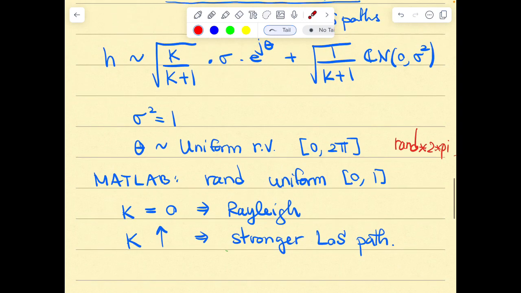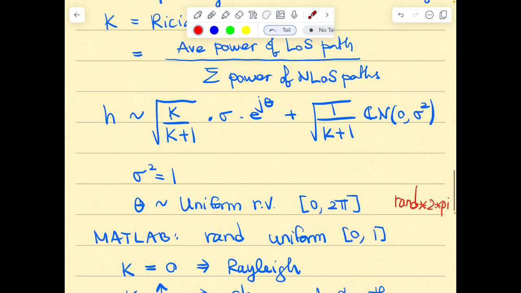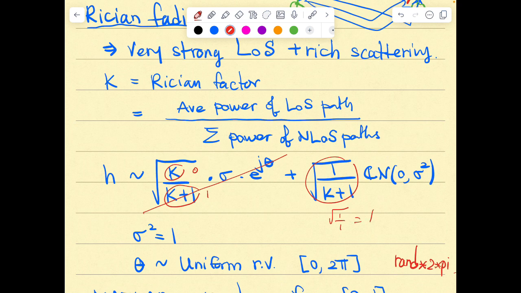Now, if the Rician factor is equal to 0, or K is equal to 0, then we get back to Rayleigh fading. How does that work? Let's come back here. If K is equal to 0, this is 0 divided by 1, so this whole term will be gone. And for this term, if K is equal to 0, this is square root of 1 divided by 1, which is 1.